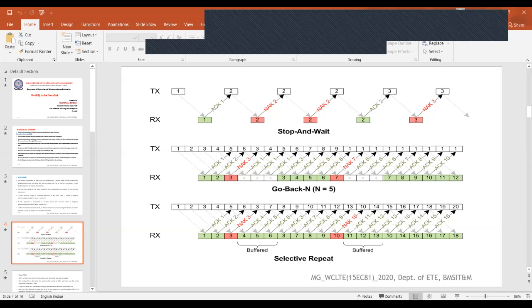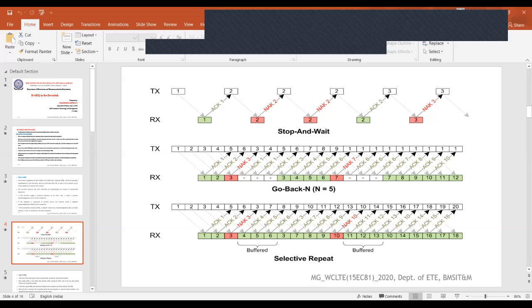Packet 1 is transmitted to the receiver, so the receiver will send the acknowledgement. After receiving the acknowledgement, the transmitter will send the second packet. Here, shown with a different color, it means error. The packet which the receiver receives, packet number 2, has some errors, so it will send the negative acknowledgement to the transmitter. Now the transmitter will transmit the same packet again.